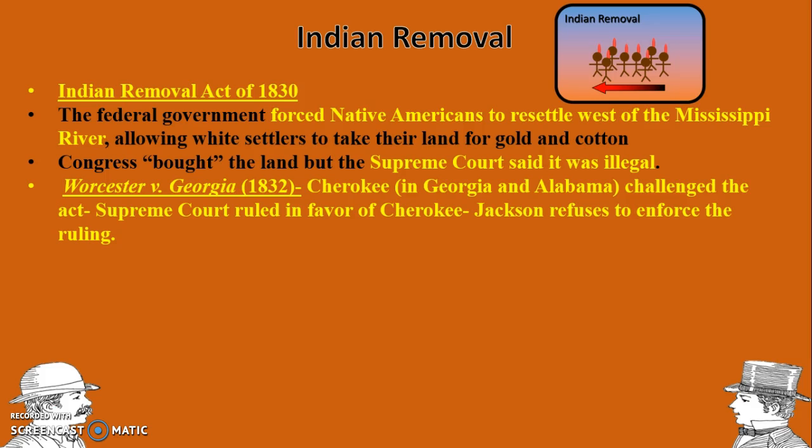So he sued the state of Georgia. See, the Cherokee and Indian reservations have sovereignty, which means that they get to have their own power and make their own laws, and Georgia cannot interfere. The Supreme Court favored the Cherokee, which meant that the Indian Removal Act couldn't happen.